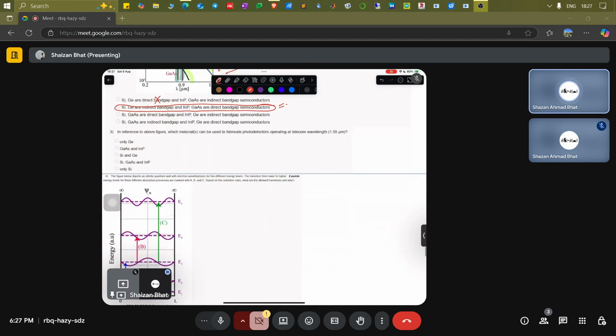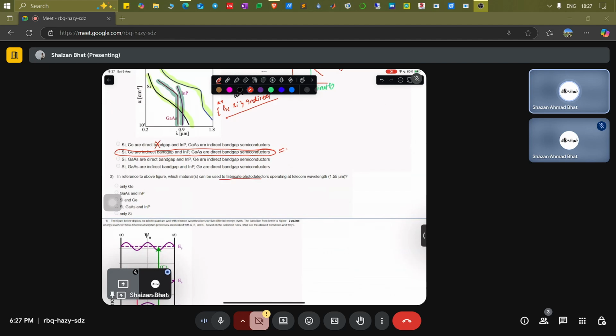So in reference to the above figure, which material can be used to fabricate photodetectors at this wavelength? A photodetector obviously has to detect photons, at a wavelength given as 1.55 microns. If photons come in, it should be able to efficiently generate electron hole pairs.